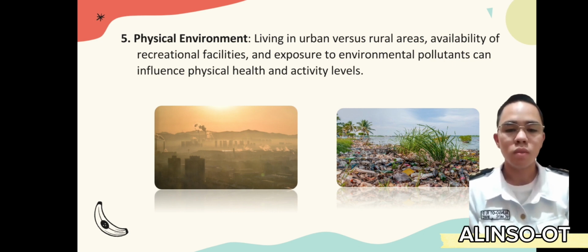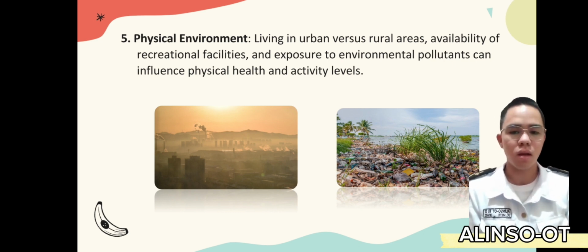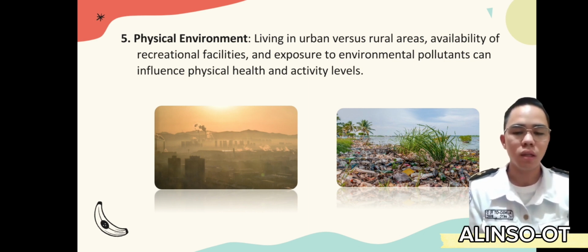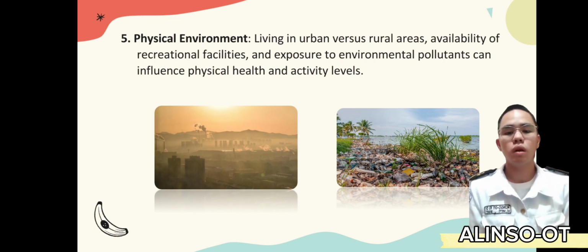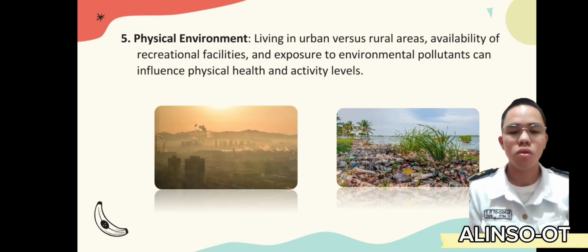Especially if an environment lacks green spaces, like plants that consume carbon and produce oxygen. So, that's why maintaining a good environment is very important, to the point that it does not only improve our overall well-being but also fosters healthier communities.